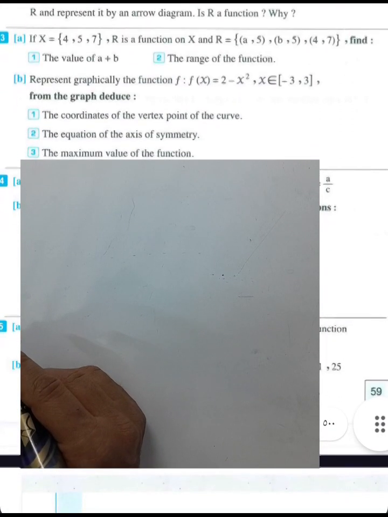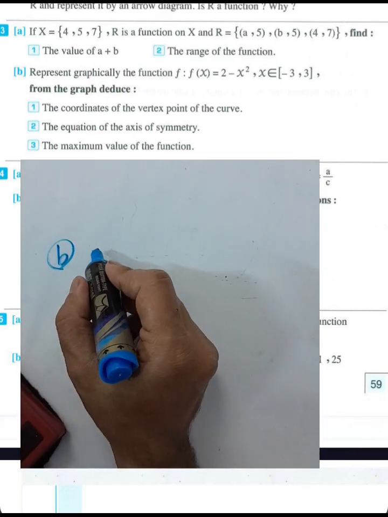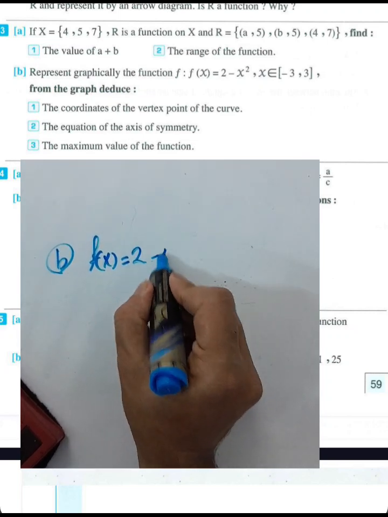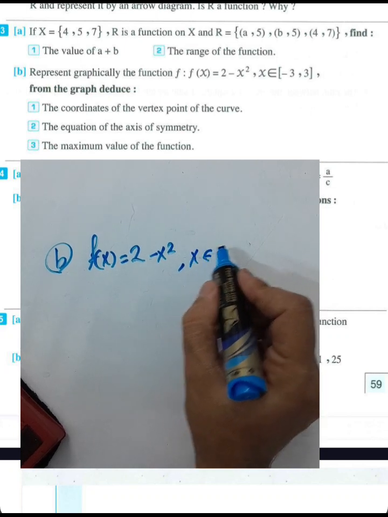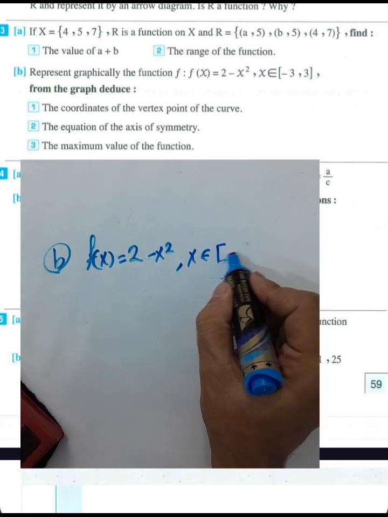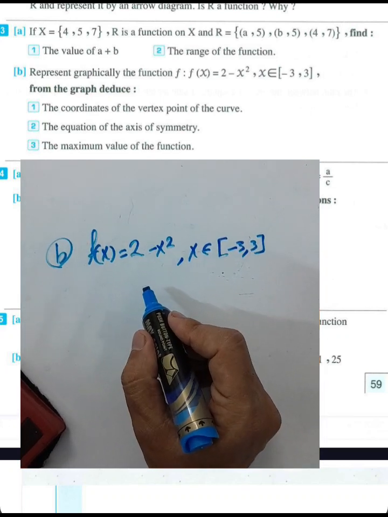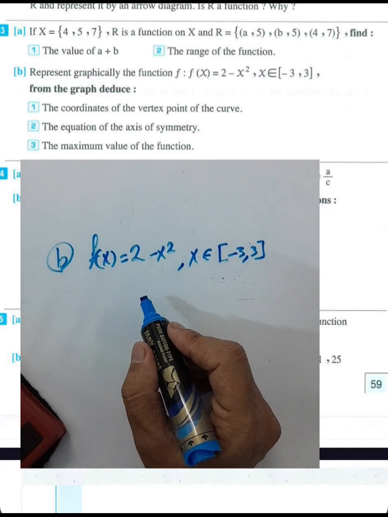Next question, letter B. We have f of x equals 2 minus x power 2, when x belongs to the interval from -3 to 3. We want to find the coordinates of the vertex of this curve.